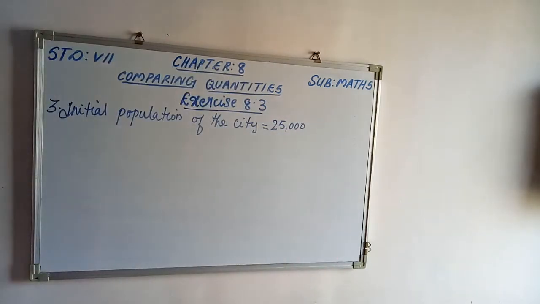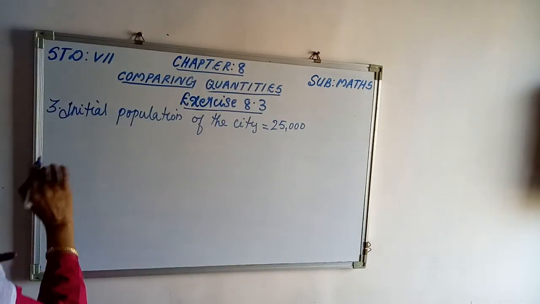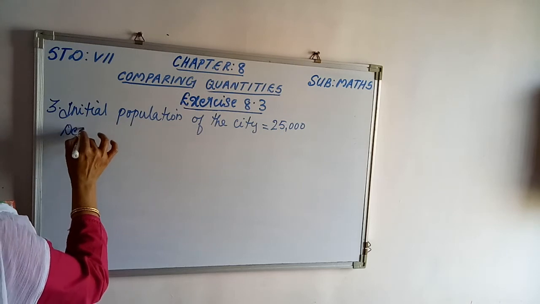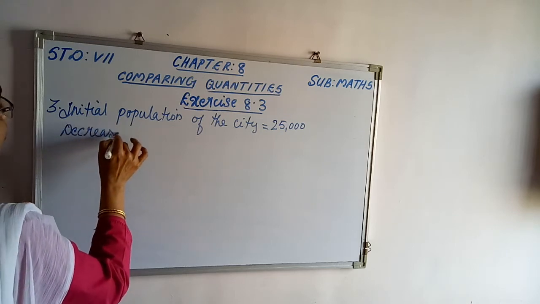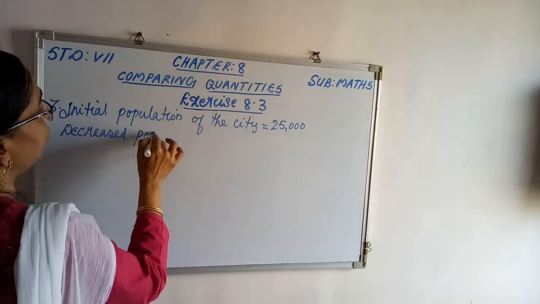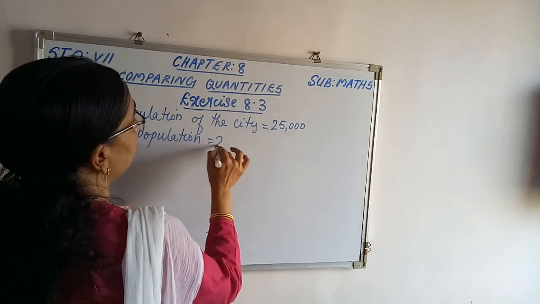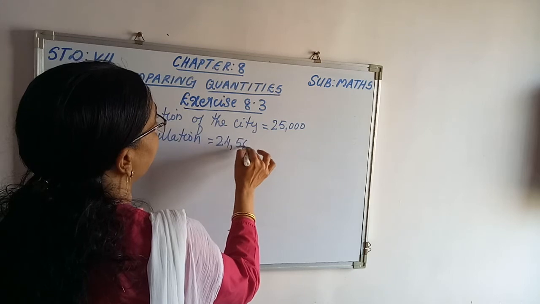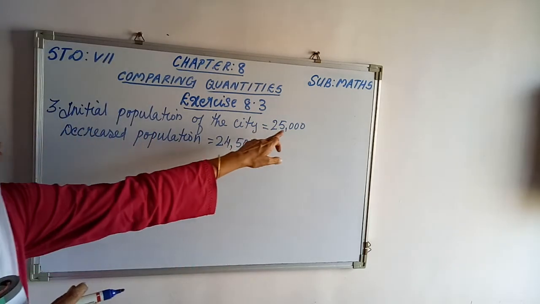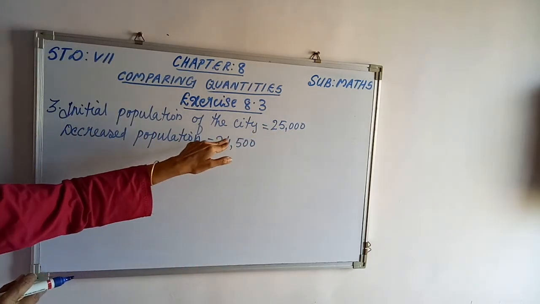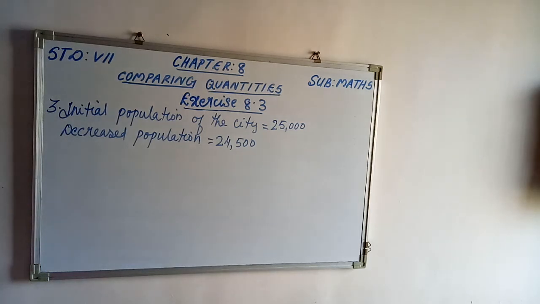Now, next we can write the decreased population. How much is it? That is the decreased population. Decreased population is equal to 24,500. So initially 25,000, now 24,500. How much is decreased?